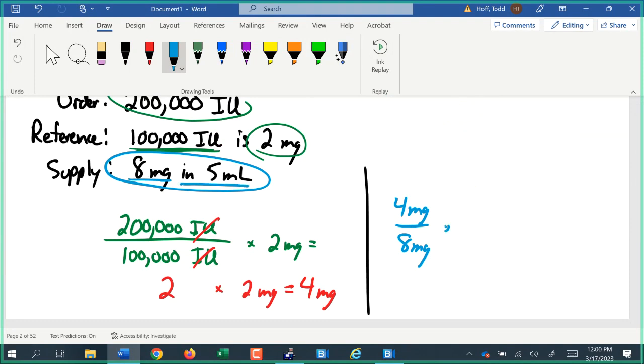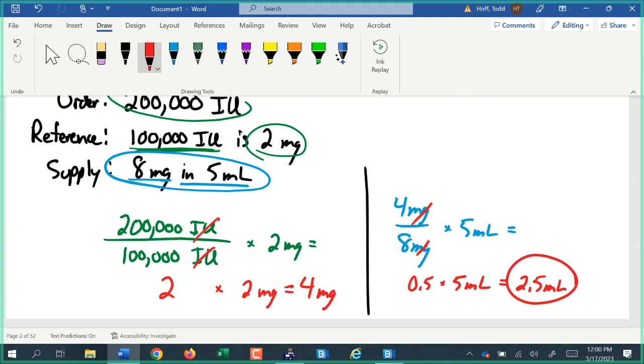In 5 milliliters. So 5 milliliters is the vehicle carrying the 8 milligrams. Now the milligrams cancel out. 4 divided by 8 is 0.5. Times the 5 milliliters is 2.5 milliliters that's administered to that patient. So you can see we have to apply that dosage calculation formula repeatedly when we have a more complex setup like that.